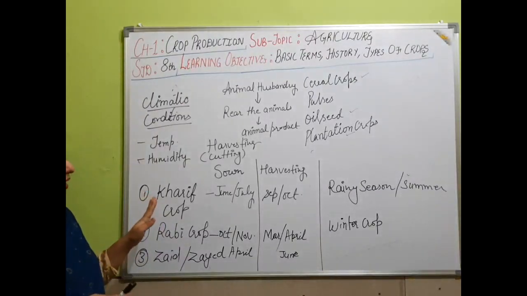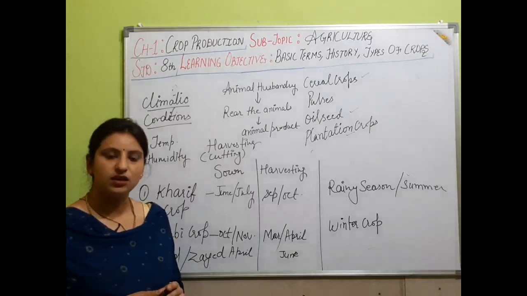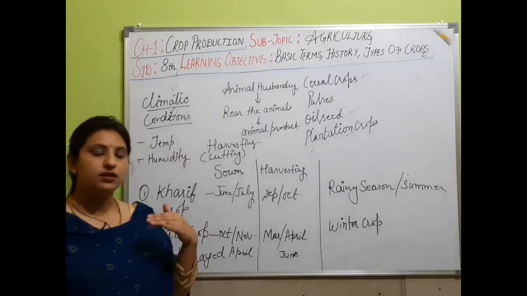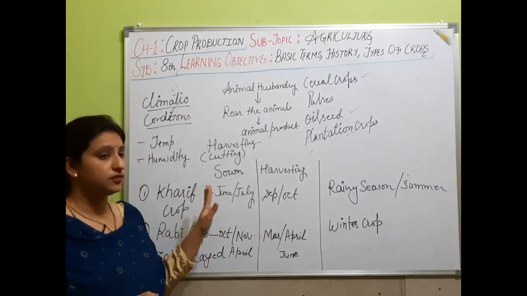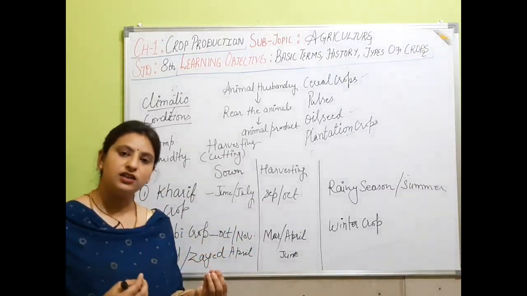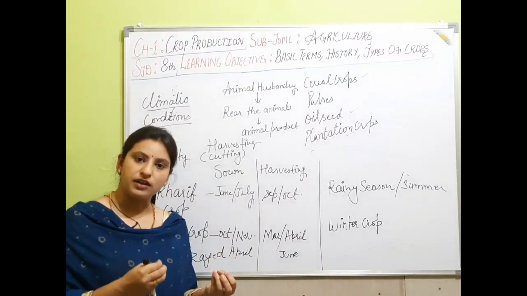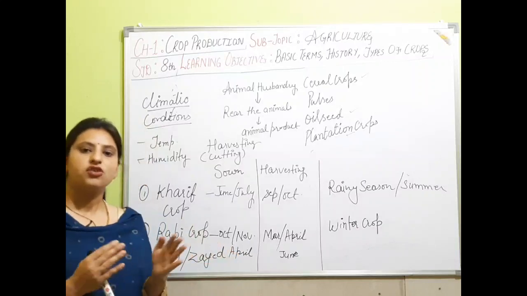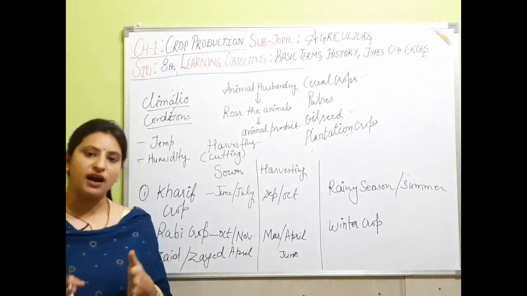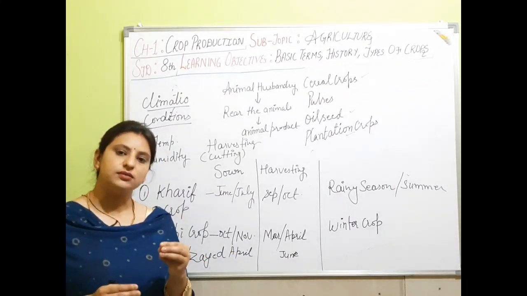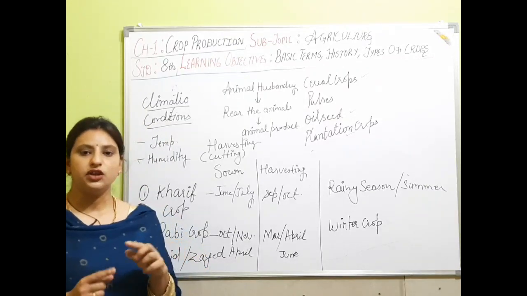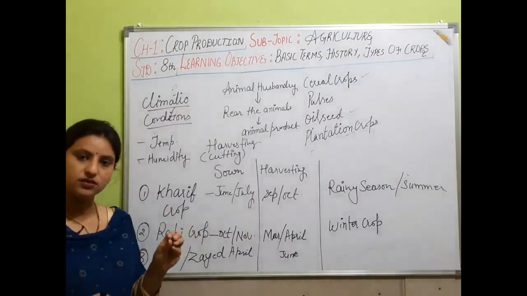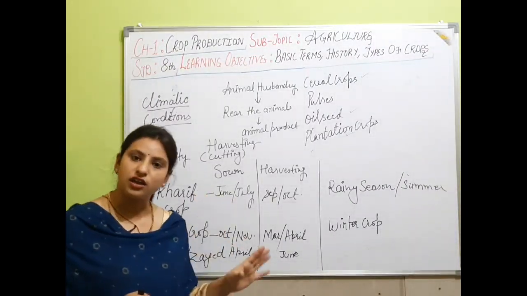So I hope you understood the types of crops very well, that there are three types of crops. If we go through the objectives, we know that agriculture means to grow or cultivate plants. Slowly man adapted to have plants in his diet, and the crops are grown in two categories: crop plants and horticulture crops.